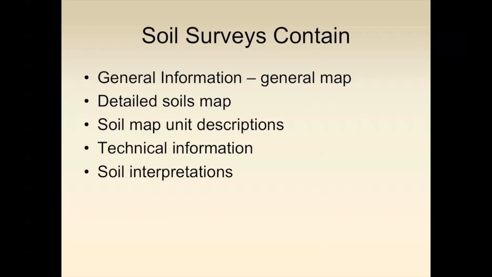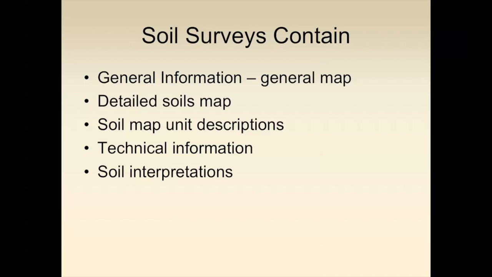The soil interpretations are interpretations that soil scientists have made for a number of different land uses. There are now huge interpretations for military use, for example. The original interpretations were for agriculture, and that would be for row cropping and then pasture.